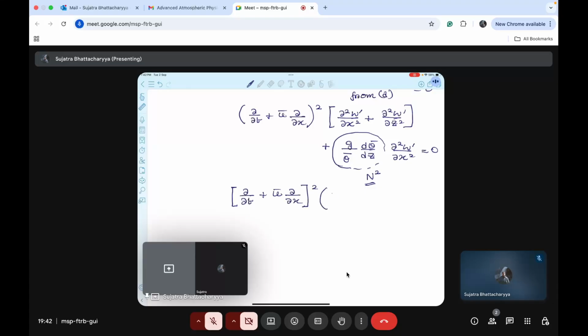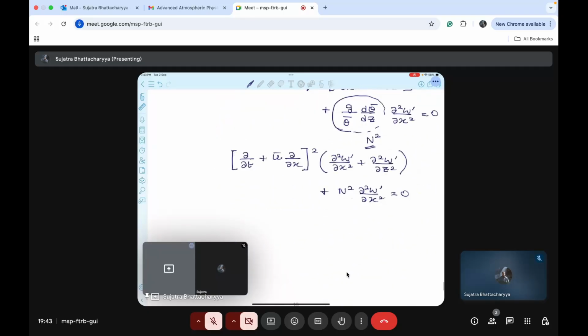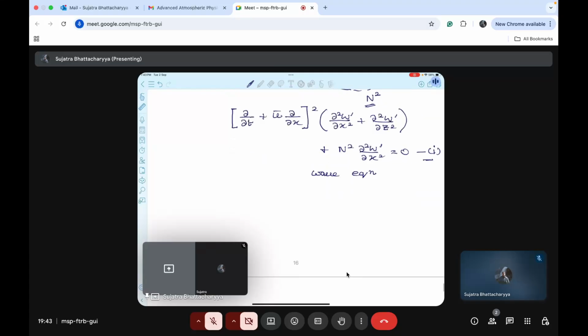And you have del square w dash by del x square plus del square w dash by del z square plus N square times w dash equal to 0. So this will be the equation, and this is the necessary wave equation. And this is mostly in w dash.